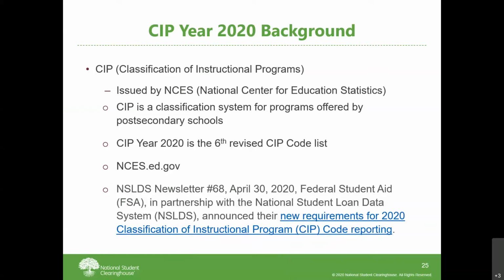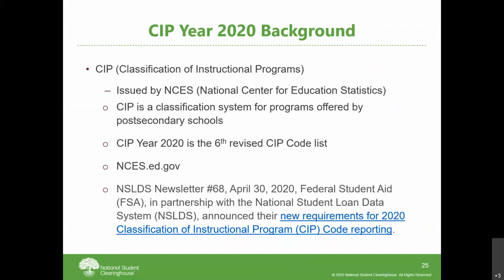And so it's meant to be a universal system. So if I take biology at one school and I transfer and take biology at the other school, there's some sort of common ground of how we are identifying what the program of study is for that degree track.